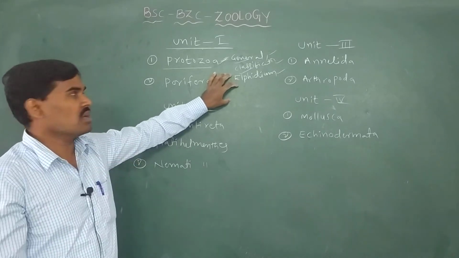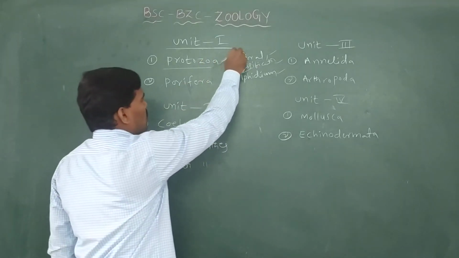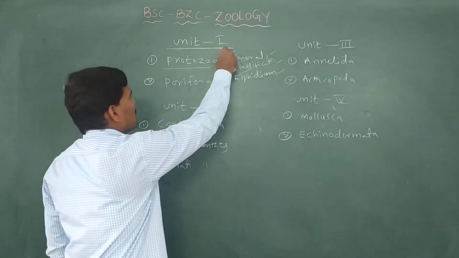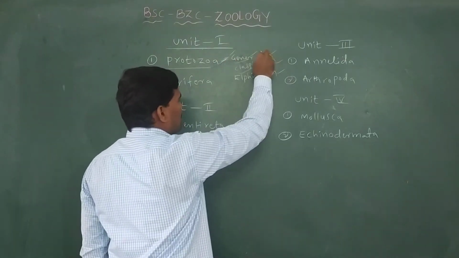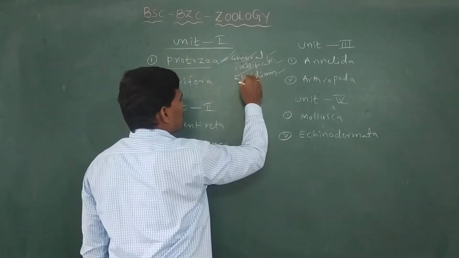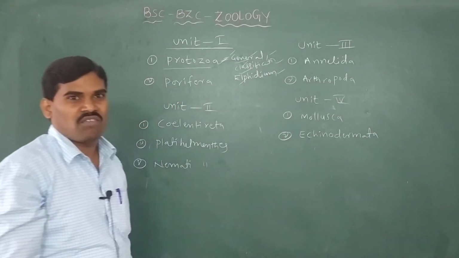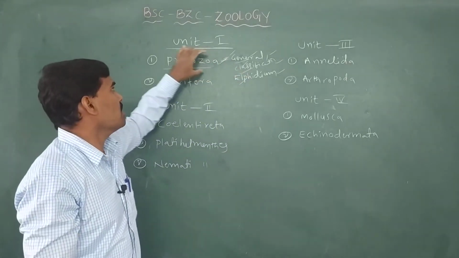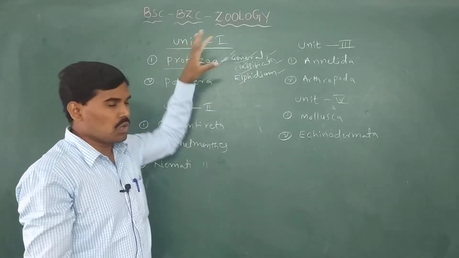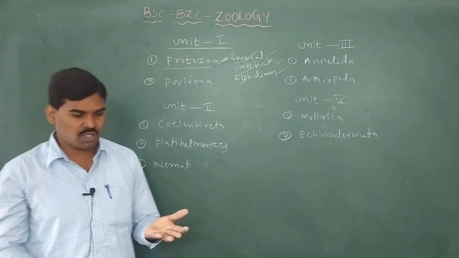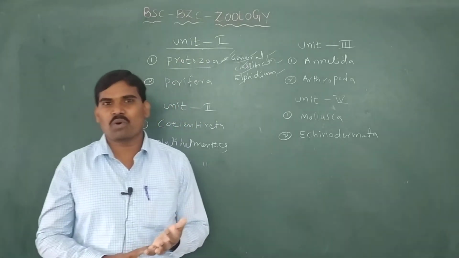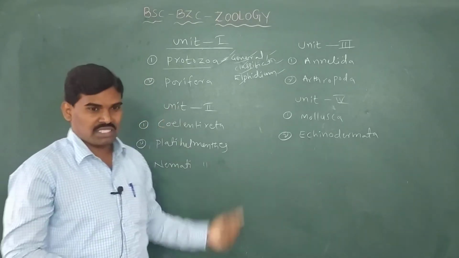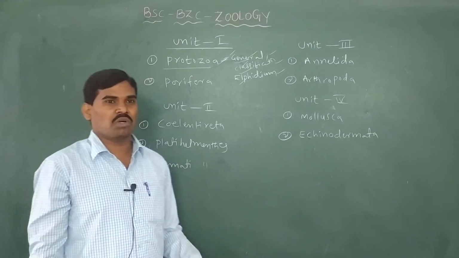and next, in Protozoa, the locomotion and reproduction. Already in intermediate levels you studied Protozoan locomotion and reproduction. So in Protozoa, first general characters and classification are discussed, then the Elphidium type study, structure and life cycle, and next locomotion and reproduction. Locomotion means locomotory organs: pseudopodium, flagella, cilia, and next flagellar locomotion and ciliary locomotion.